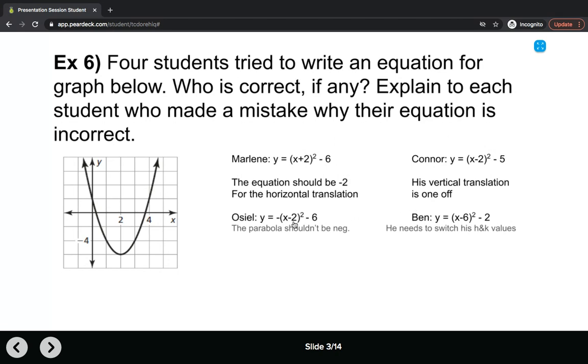He got the -2, which is great, and the -6, but he added that negative sign in front, which you aren't supposed to do because our parabola is opening up. So that should stay positive. Remember, having a negative value means that your parabola opens down or is concave down. And then Ben switched his H and K values. He got them mixed up. That should be a -2 and then a -6 on the outside.